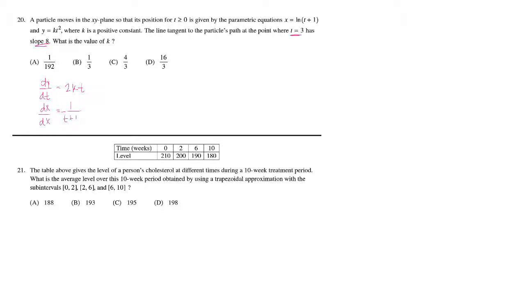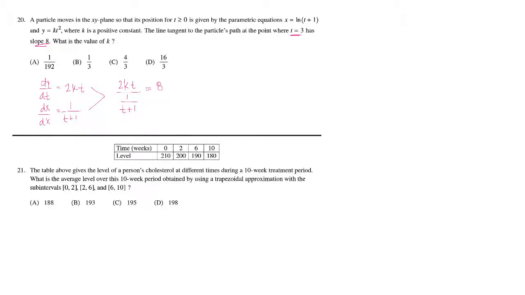That's the stuff. And so now we look at this fraction. So 2kt over 1 over t plus 1. And let's see, we were told that all of that, when t is 3, is equal to 8. So let's go ahead and plug in 3 also. Forgot to do that.